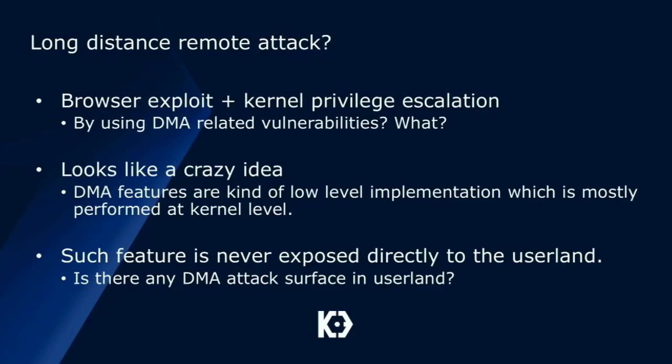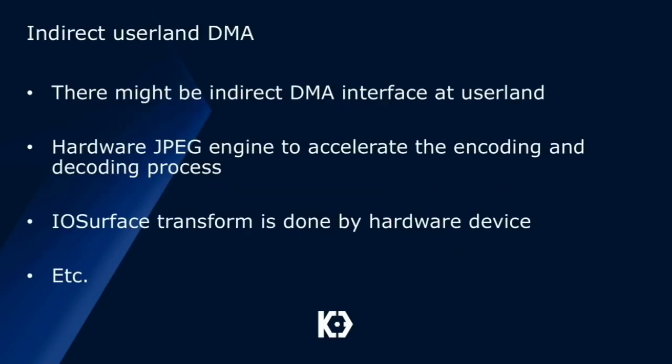That looks like a very crazy idea, because the DMA features are very low-level implementation, mostly performed at the kernel level or the device level. It is not exposed to userland directly, for sure. But it is still possible to consider it, because there might be some indirect userland DMA on iOS.